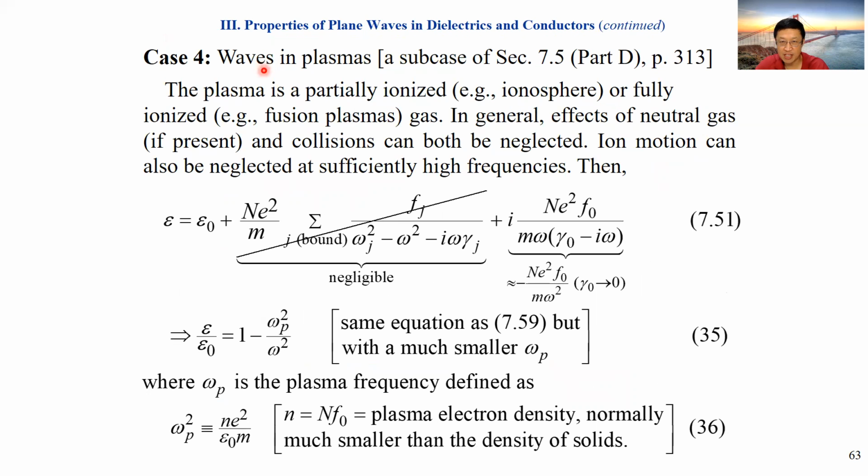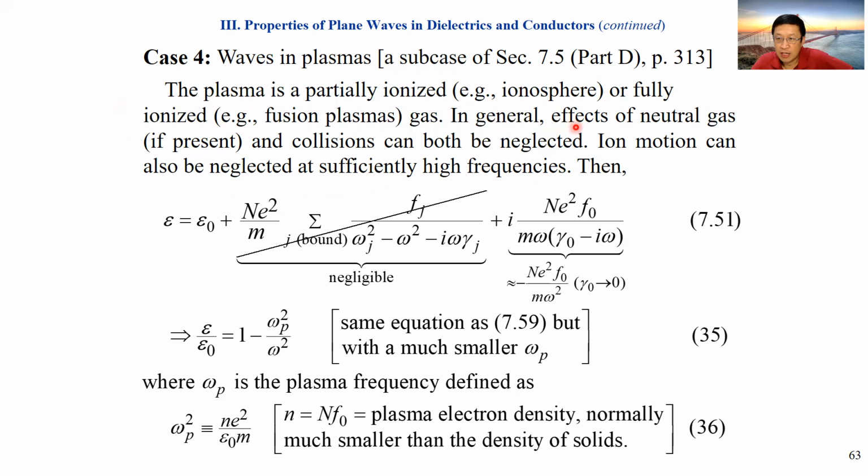Case 4 is waves in plasma. What is plasma? Plasma is partially ionized, for example the ionosphere, or fully ionized, for example fusion plasma, gas. So plasma is a partially or fully ionized gas.